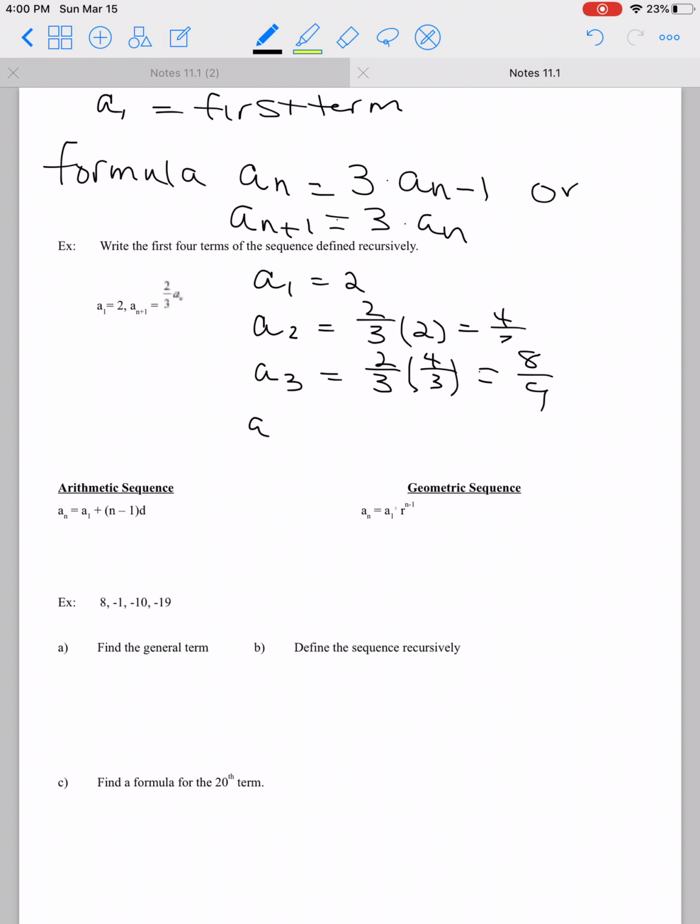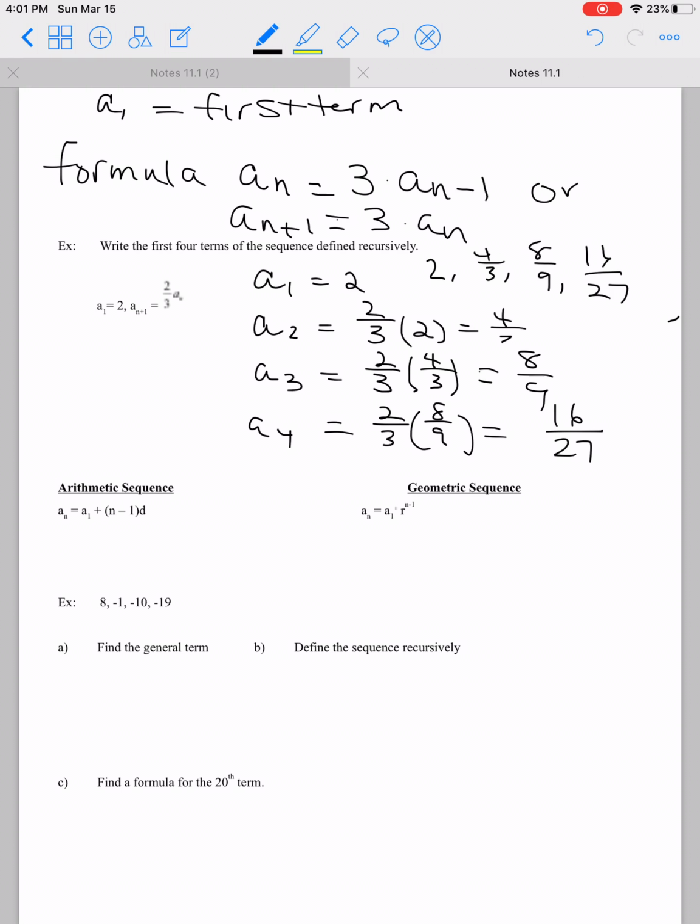And then a sub 4 would be 2/3 times 8/9, which would be 16/27. So the first four terms then would be 2, 4/3, 8/9, and 16/27. So basically what you're doing is taking the one before it and applying it into the formula.